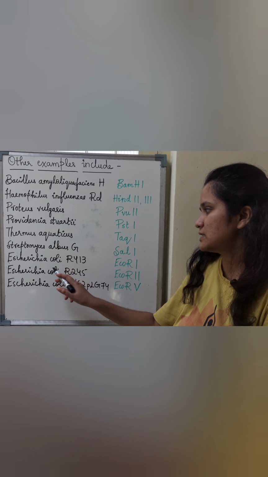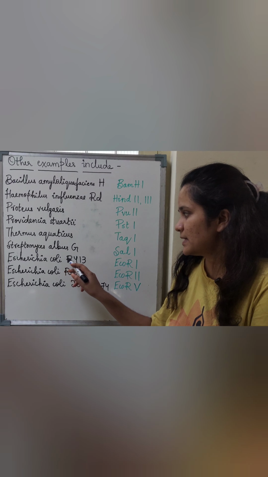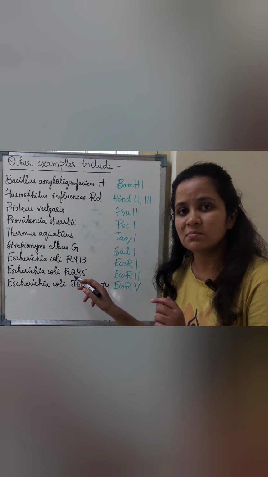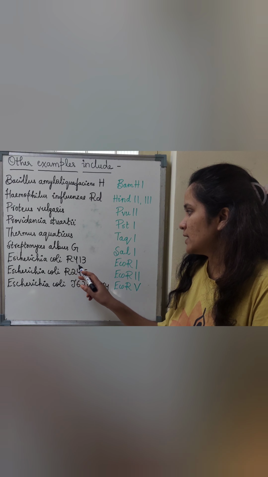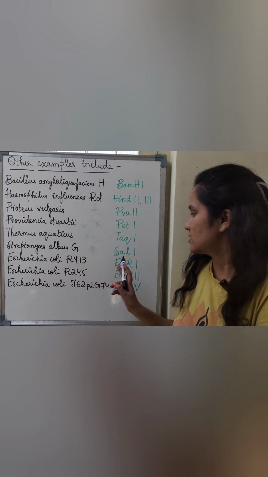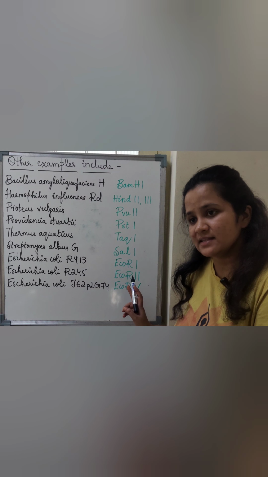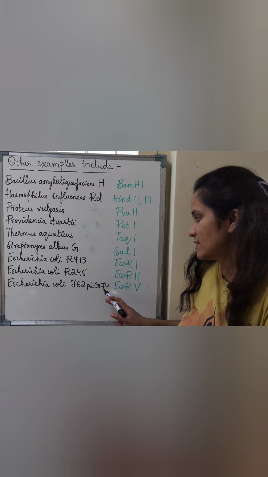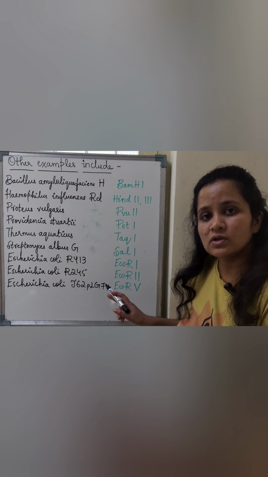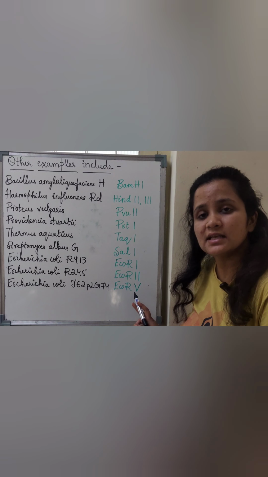If you see, the genus and species names are the same, but there are slight differences in them, the minute differences, which we mention as strain. RY13 was obtained first, hence I, and R245 was obtained second, hence II, and J62pLG74 was obtained at the fifth position, hence we write it as EcoRV.